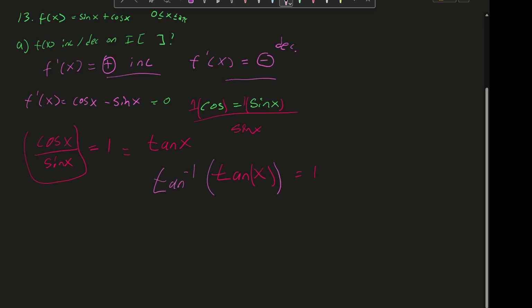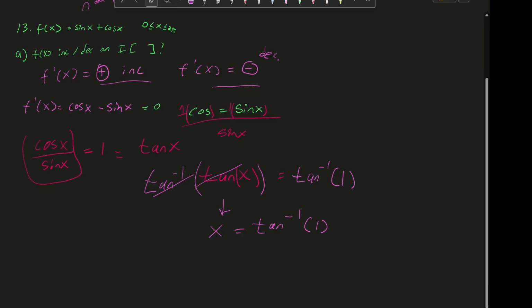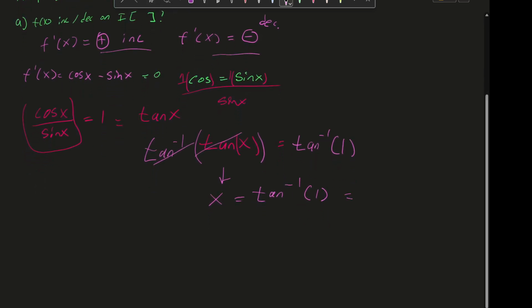So if you were doing an exam, you'd say tangent inverse of 1, and this simplifies because the tangent and the tangent inverse cancel. You're left with x equals tangent inverse of 1. And throwing that into the calculator, you'd be given pi over 4 most likely.